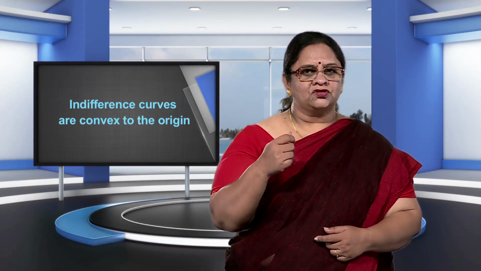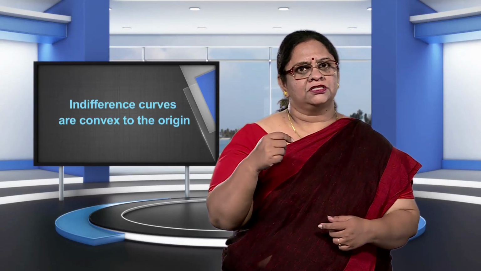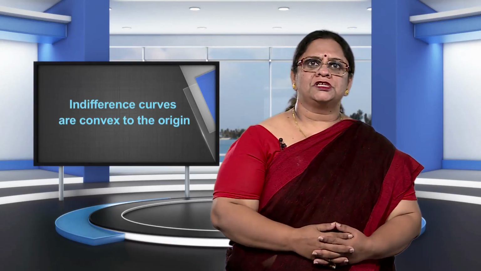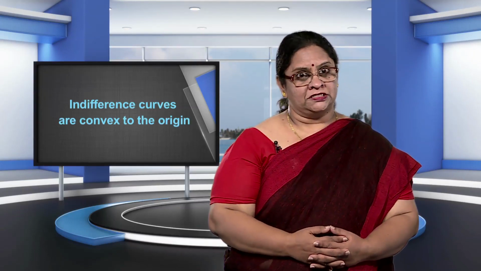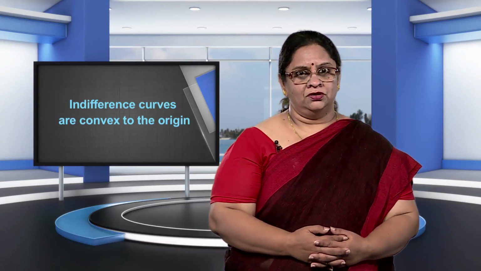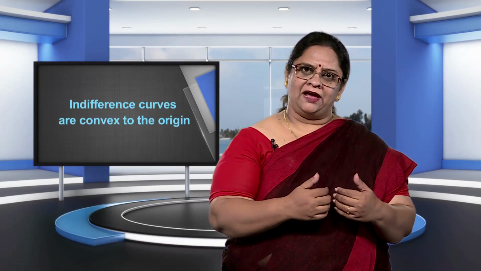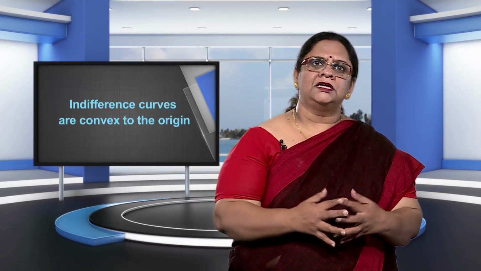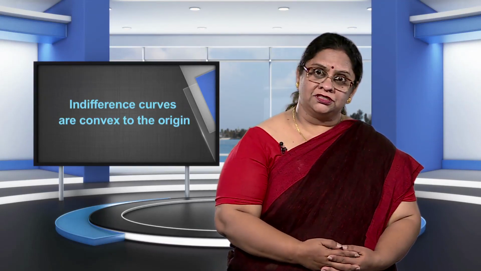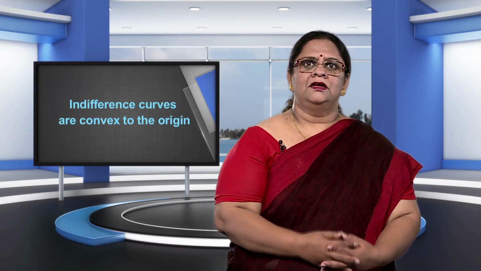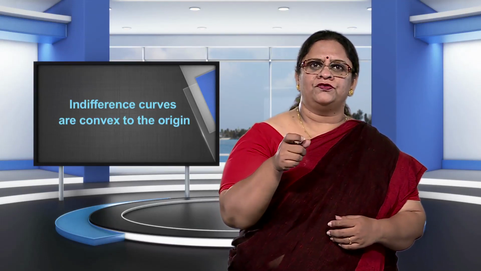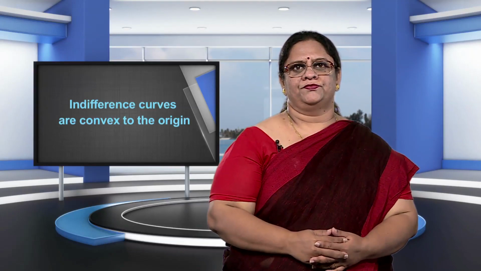So, I need to give up fewer and fewer units of the other commodity, in this case books, to keep my total utility constant. Also, as the number of books I have goes down, each book on the margin gives me more utility, right? So, I have to give up fewer books for each extra movie that I consume.